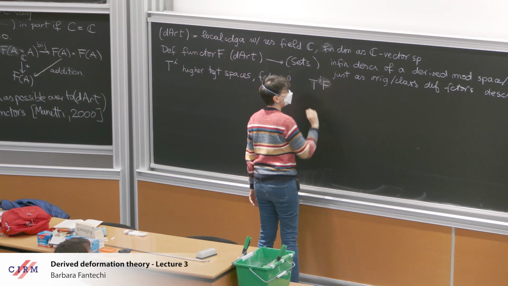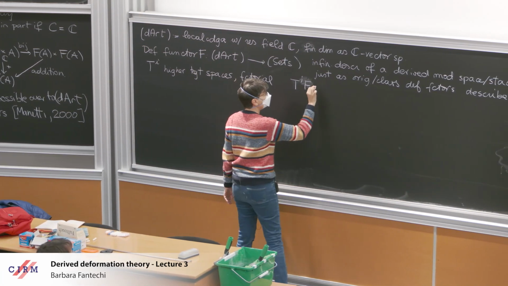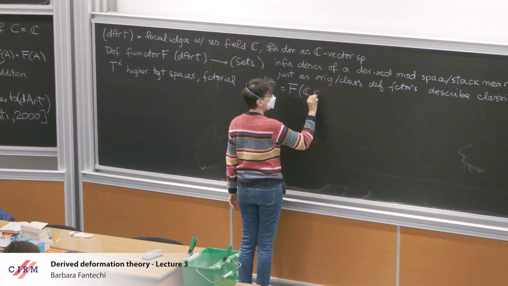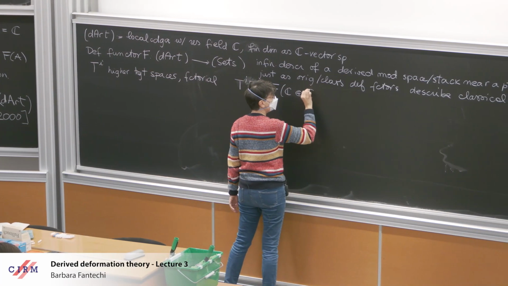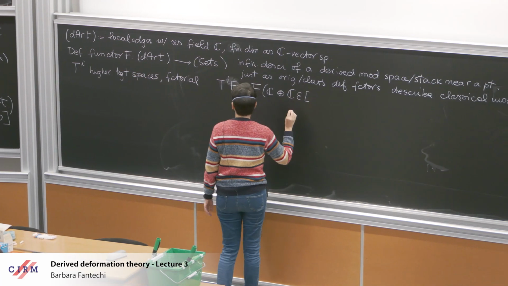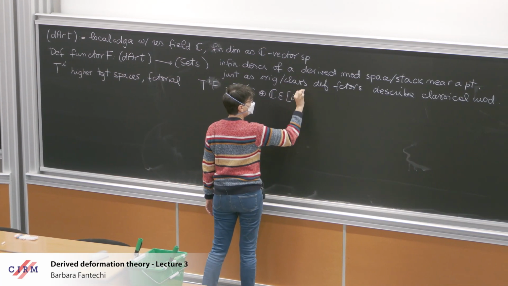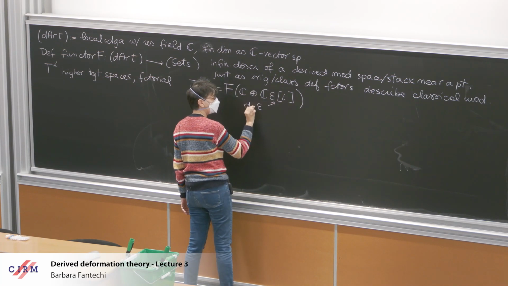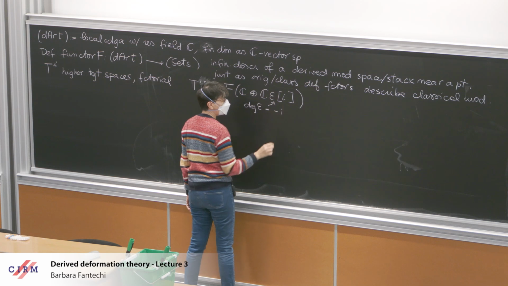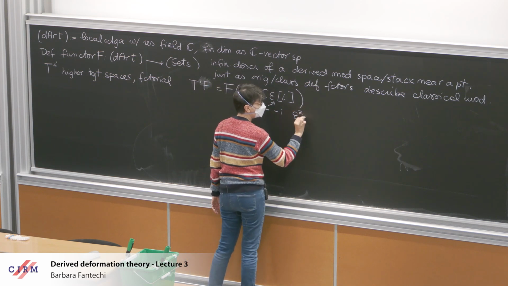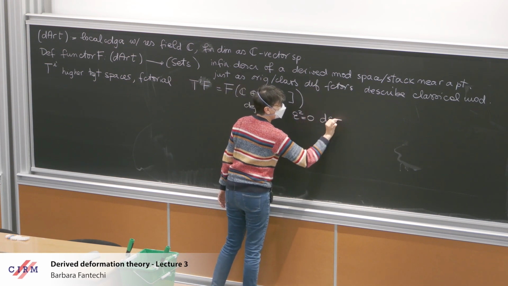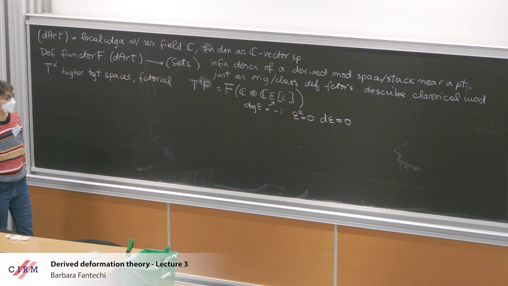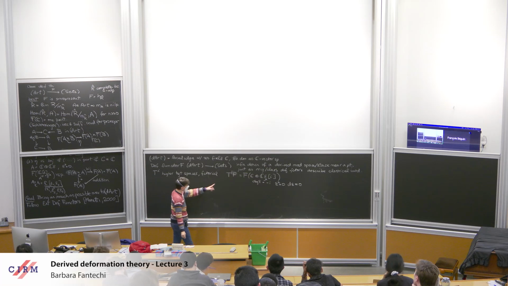And we will want that if we take such a deformation functor F, the ith tangent be F of C plus C of epsilon to the I, which means I put epsilon in degree minus I, and I also insist on these two conditions. So this is exactly what Mauro had proposed for us.